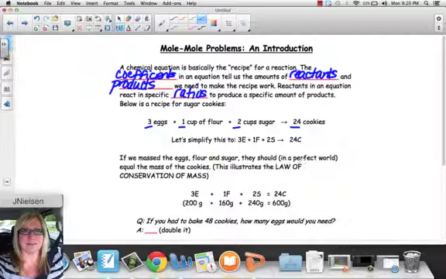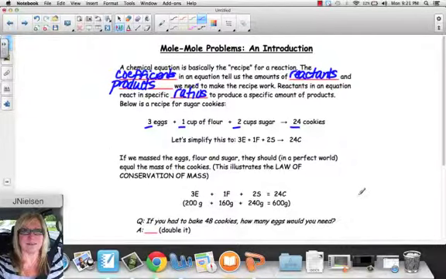or cookies. Now remember, the law of conservation of mass tells us that what we start with, we have to finish with. So if we were to get the mass of the eggs and the mass of the flour and the mass of the sugar, that should then equal the mass of the 24 cookies.